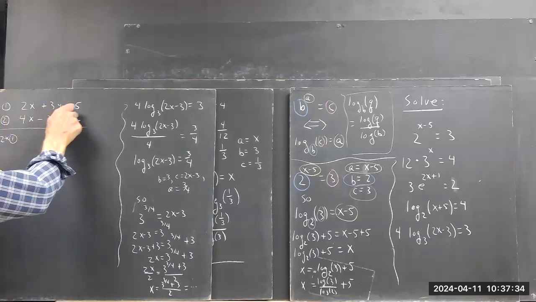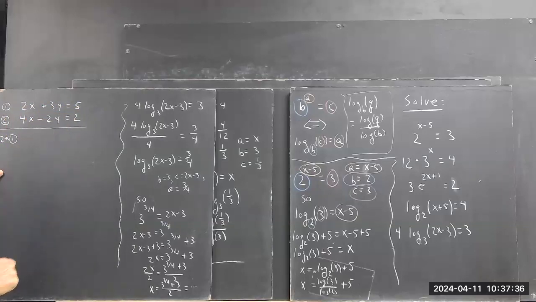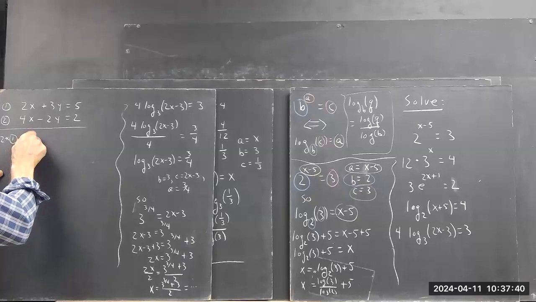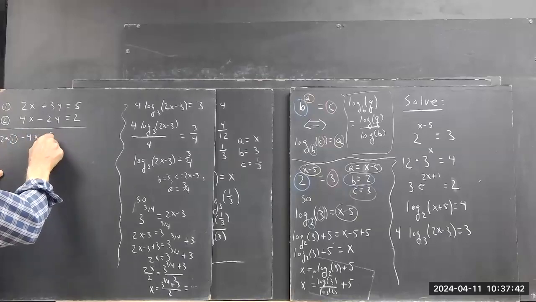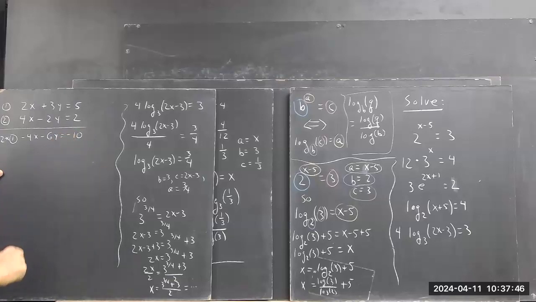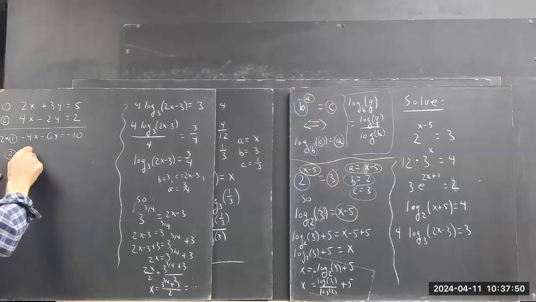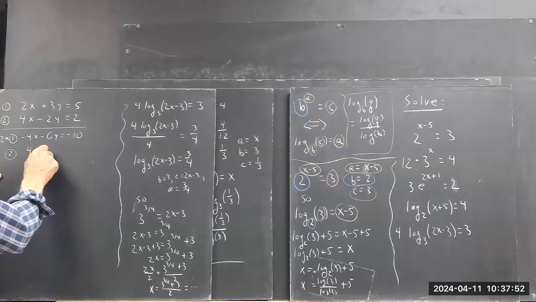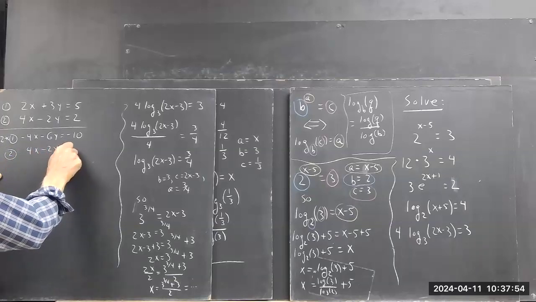So I multiply every coefficient for every number in equation 1 by -2. That gives me -4x minus 6y equals -10. And then I write down equation 2, which is 4x minus 2y equals 2.